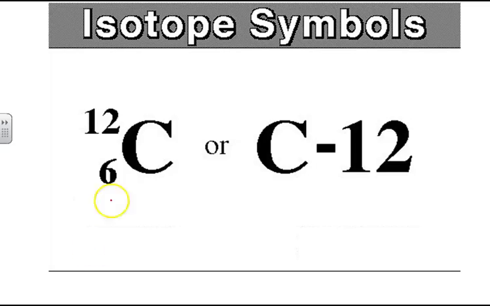So we have something like this. Carbon 12, or C with a mass number of 12, could be written as just C-12. And we would say it the way this is written. We would call this carbon 12 if we were saying it orally. If you were writing it, you would just write C-12, or you would write this symbol.